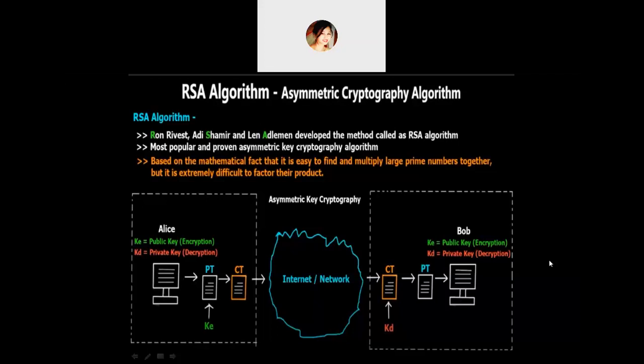These three professors came up with the RSA encryption algorithm, which was named after their initials: Ron Rivest R, Adi Shamir S and Leonard Adleman A.